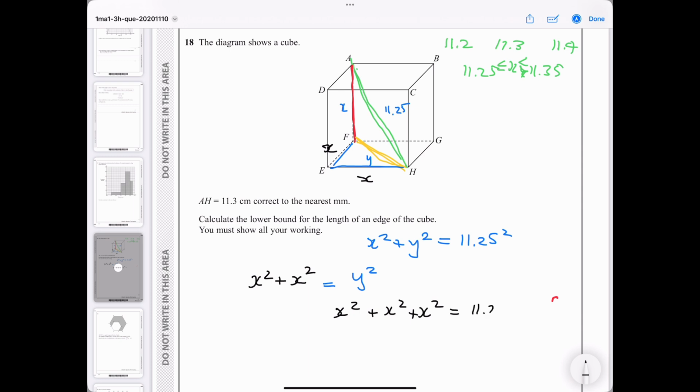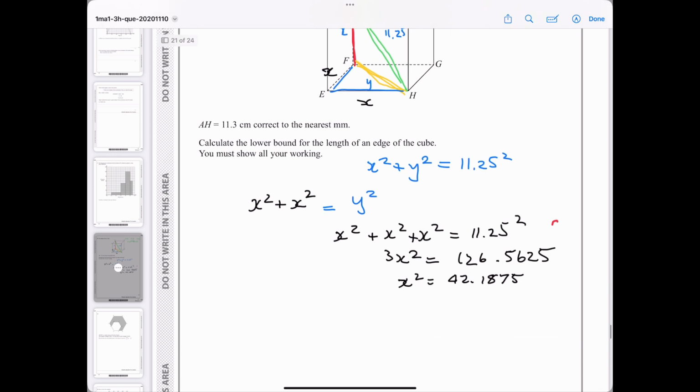So we know that 3x squared equals 11.25 squared, which is 126.5625. Divided by 3 equals 42.1875, so x squared equals 42.1875. So x is going to be somewhere between 6 and 7, so square root that.